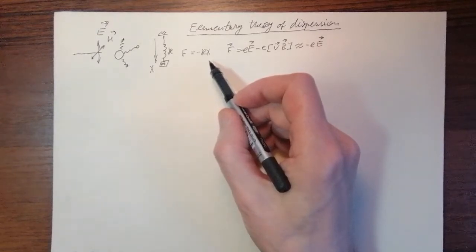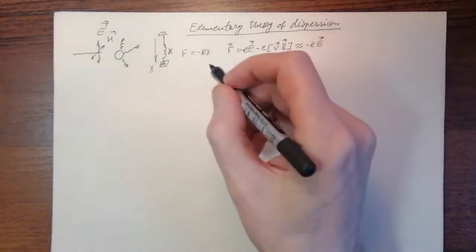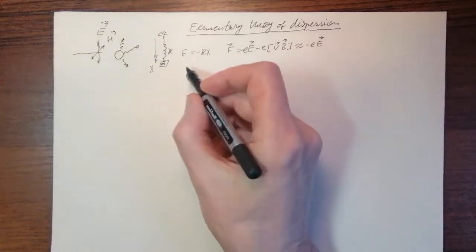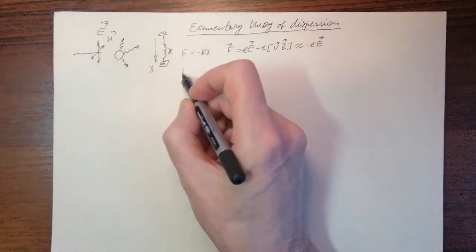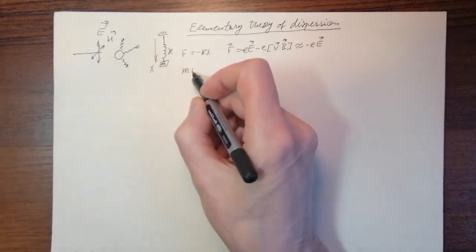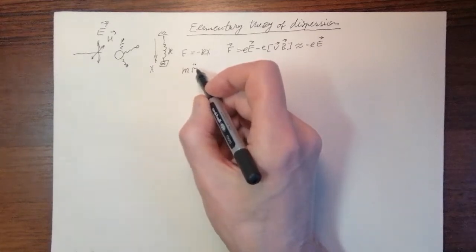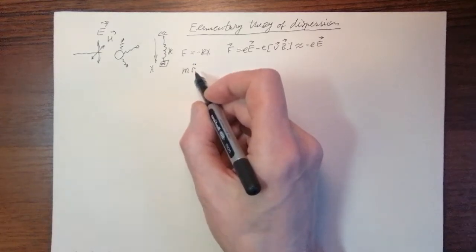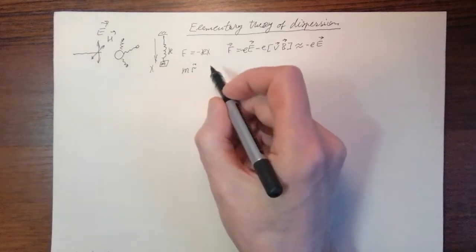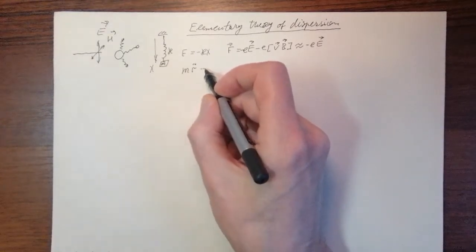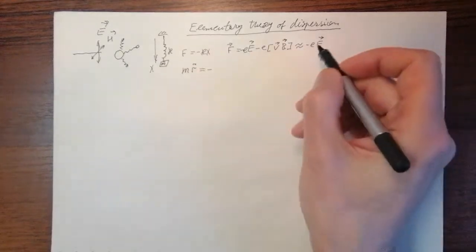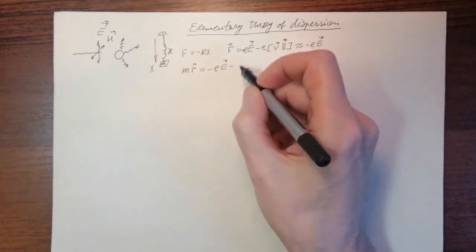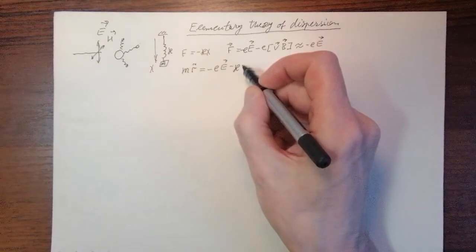Then we can write down a known equation, the Newton equation from mechanics: m times the second derivative of r, where r is the displacement of the electron from its equilibrium position, is equal to minus eE minus kappa r.